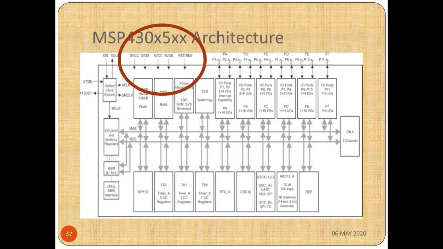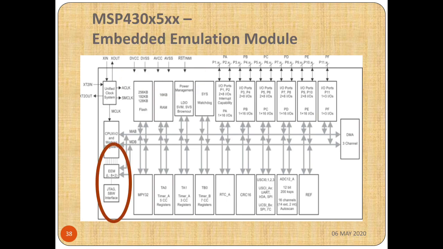And then next we have RST bar slash NMI. RST bar is a low active pin. By giving 0, the processor is going to restart. If you want to perform any operation, we need to keep this RST bar as 1. By keeping RST bar as 1, the processor is going to perform its function continuously. If you keep RST bar as 0, the processor is going to restart.